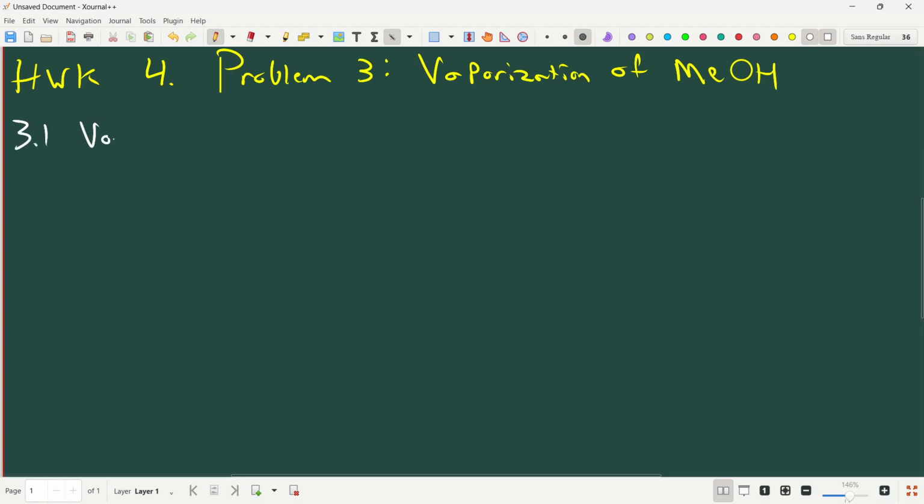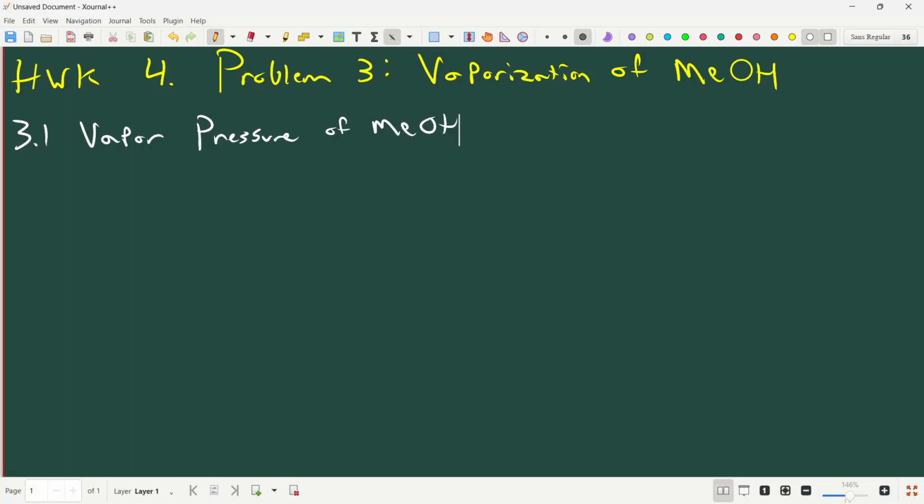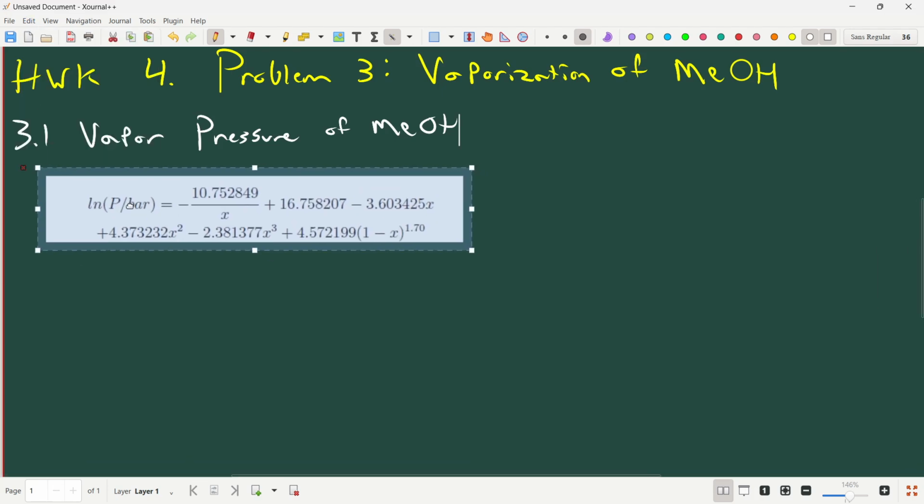3.1 is on the vapor pressure of methanol. I'll give you a nice formula that gives you the exact value of the vapor pressure of methanol as a function of temperature along its coexistence curve.